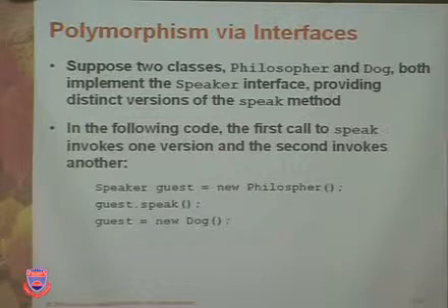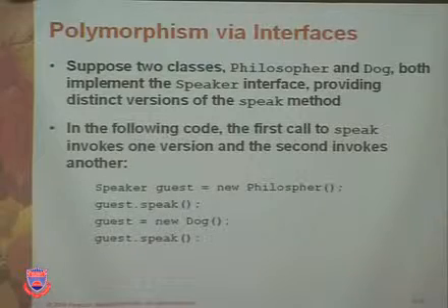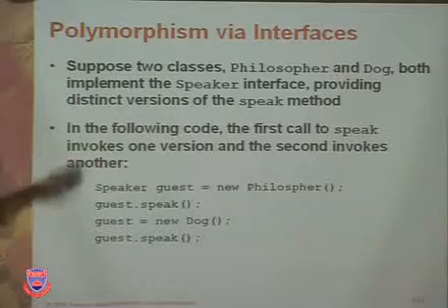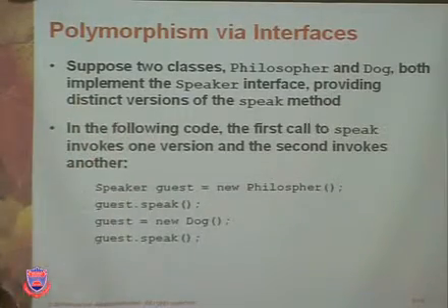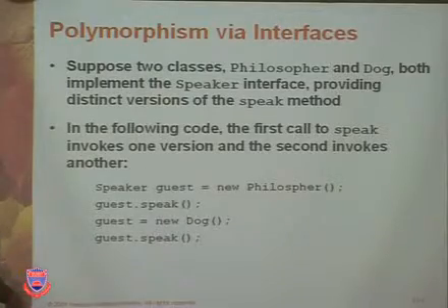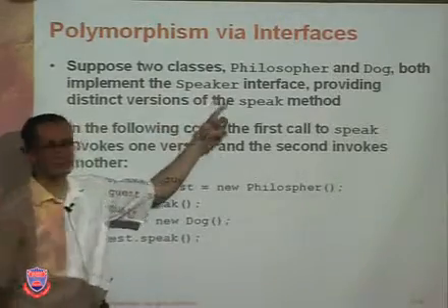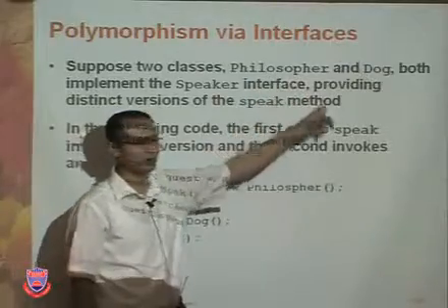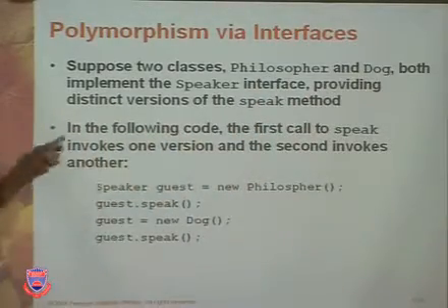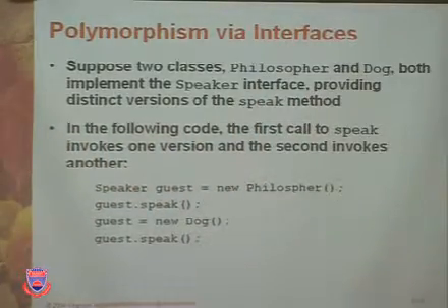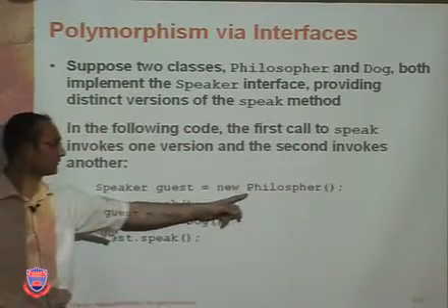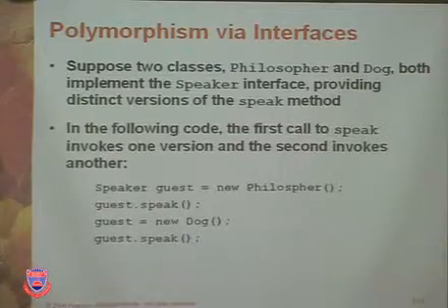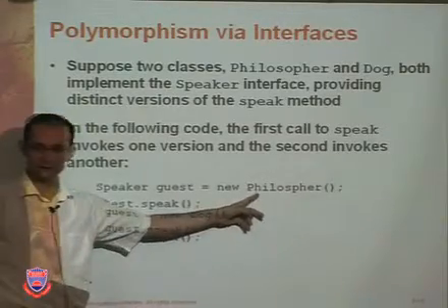So if I have two classes, Philosopher and Dog, which implement the Speaker interface, as we said, I have this interface, which is the Speaker, and I have two classes, Philosopher and Dog, both of which implement the Speaker. And I have Speaker guest = new Philosopher, which is going to create an object of type Philosopher, right?